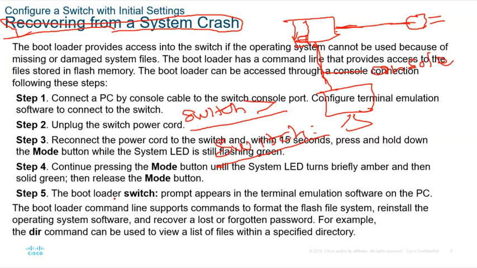The bootloader command line supports commands to format the flash file system, reinstall operating system software, and recover a lost or forgotten password. For example, the dir command can be used to view a list of files within the specified directory.